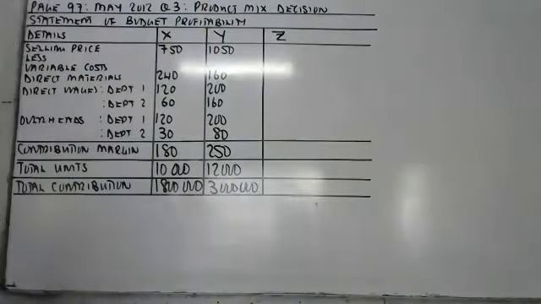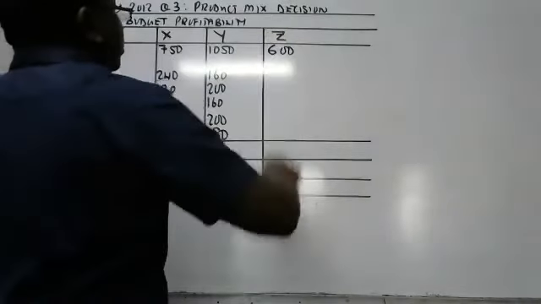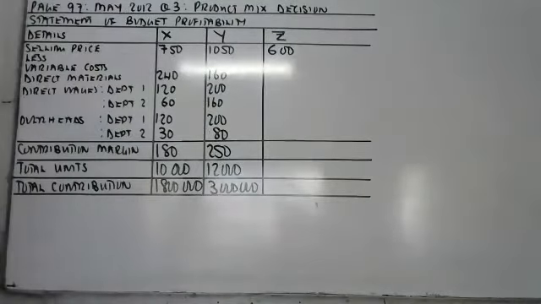We go to Z. So Z, the selling price is 600. The raw materials are 120.